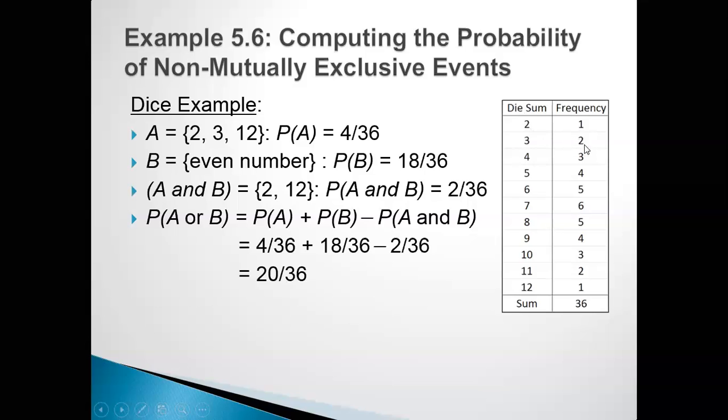Even numbers are 2, 4, 6, and so on. So the probability of an even number and the probability of 2, 3, 12 should be added, and then minus P(A and B). P(A and B) means the common ones. Common ones are 2 and 12, right? A and B means 2 and 12.